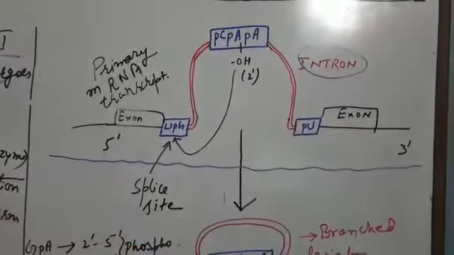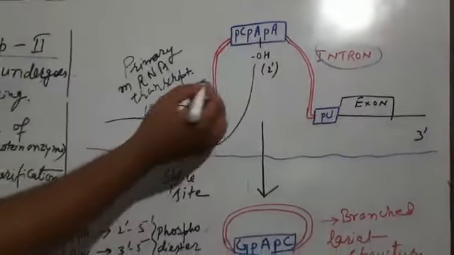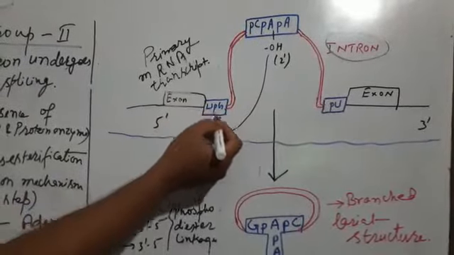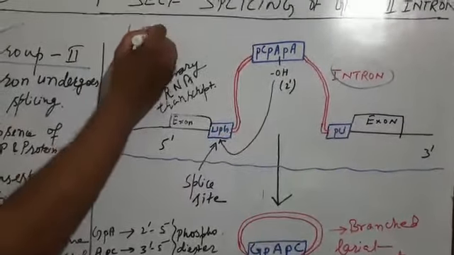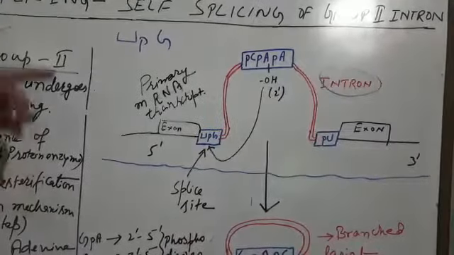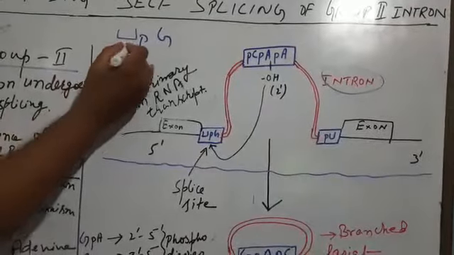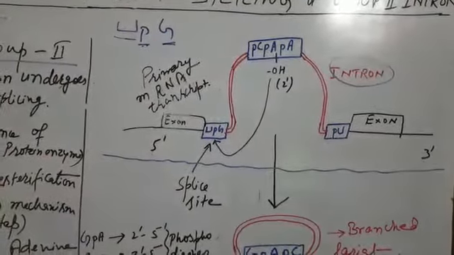At the junction of intron and exon, suppose you have a nucleotide containing uracil, a phosphodiester linkage, and obviously a nucleotide containing guanine.